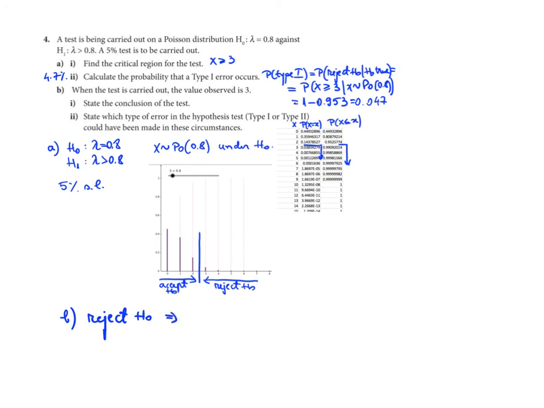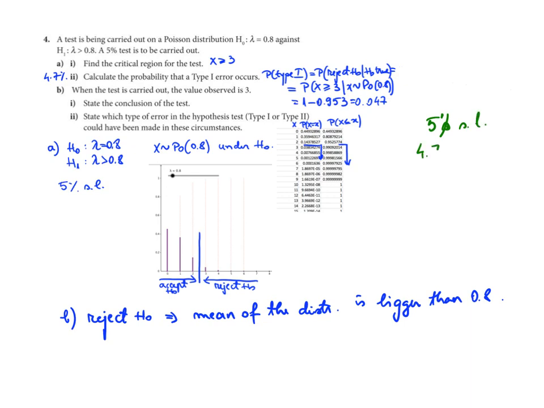Therefore, the mean of the distribution is bigger than 0.8 at the 5% significance level. So just to point out, see in this case how the significance level is 5%, and the probability of a type 1 error is 4.7%. That can happen in the case of discrete distributions.